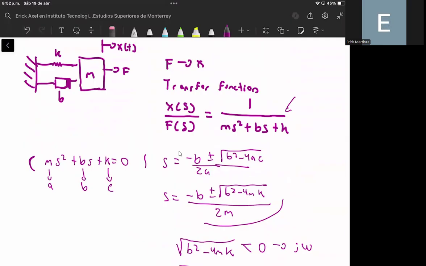Okay, so since we want to change the dynamics of the system, well, we cannot change the system itself. We need to find a way to change virtually, I will put it in that way, to change virtually the dynamics of the system without altering the actual system, the actual physical system.